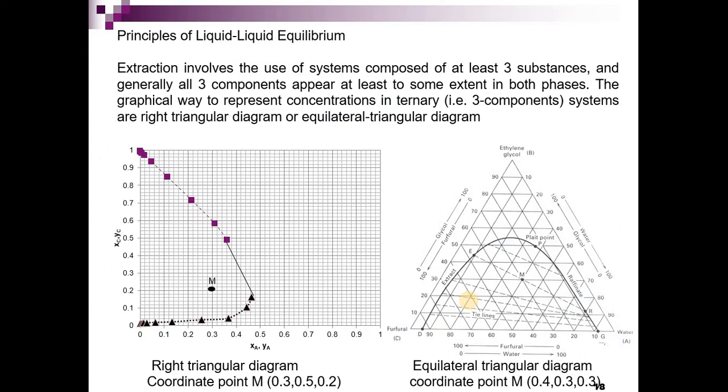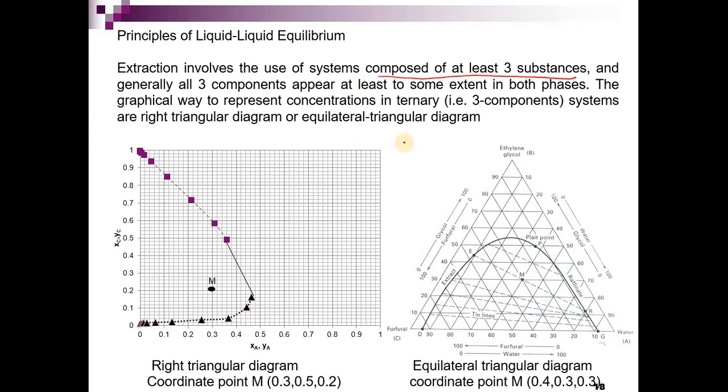Okay, now I'm going to explain the graphical method of the liquid extraction process. As I mentioned just now, in LLE the system is actually composed of 3 substances. They will appear in both the raffinate and extract product.